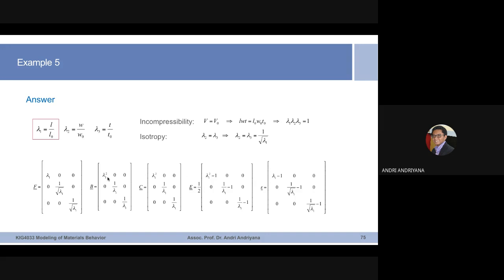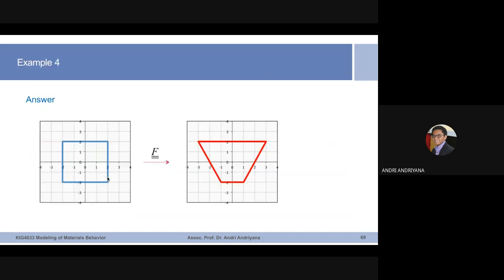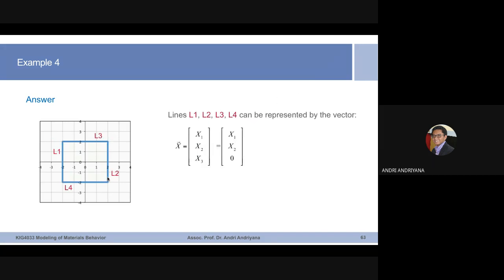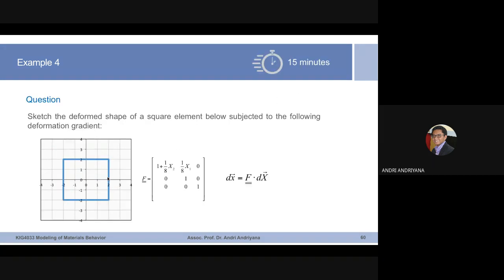You can look back at the examples, for instance example number 4. In example number 4, I give you information on how to use the information from F. But you can see later on, if we calculate the tensor B, the tensor E, the tensor C, then you can have information on the linkage between, for instance, this one.